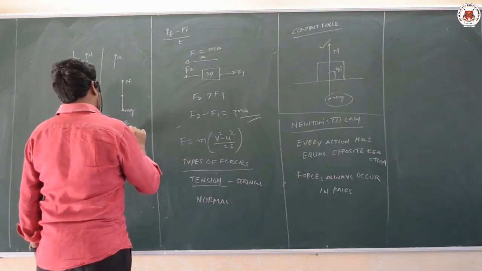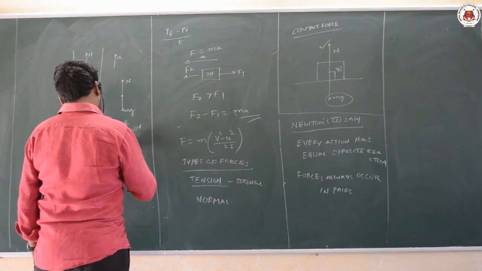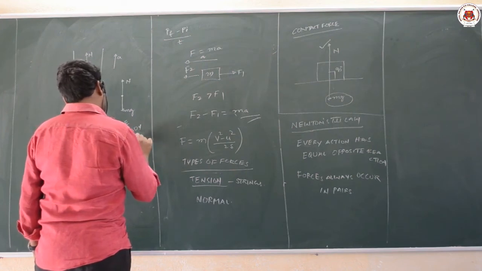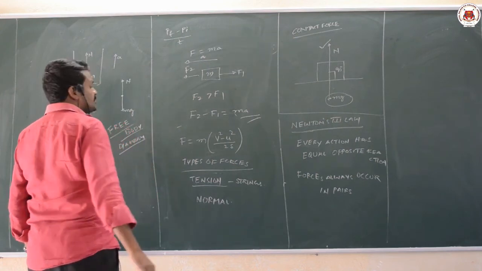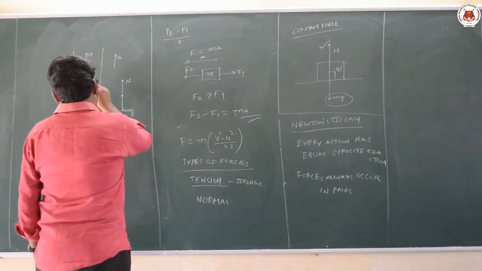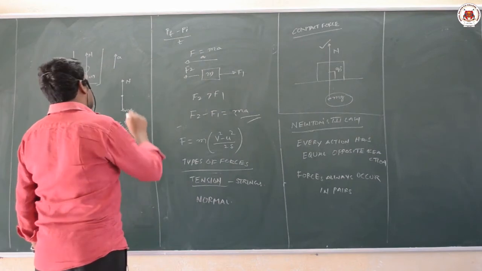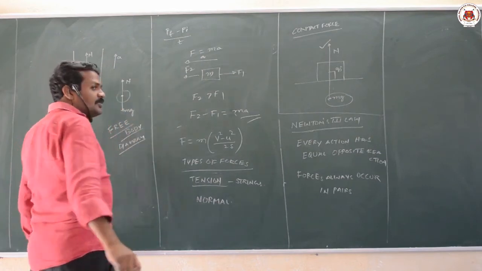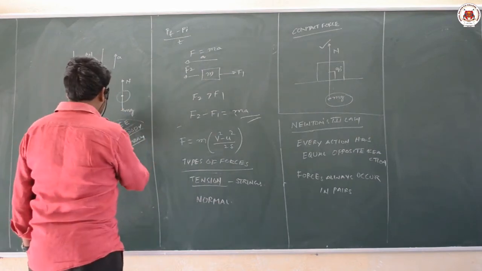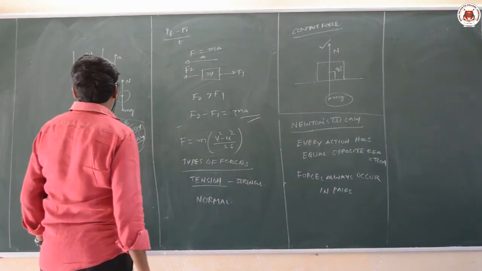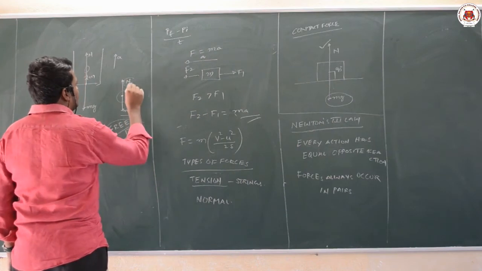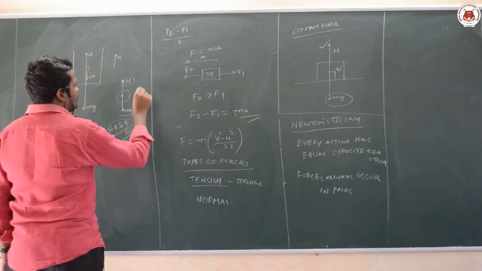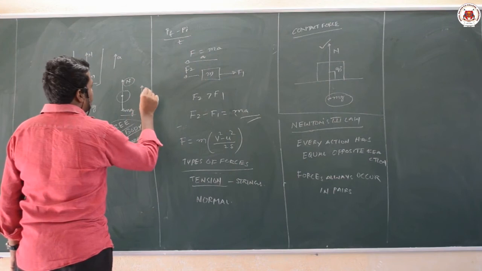A free body diagram is a diagram in which the body is isolated from the system and the various forces acting on that body are written. So if I draw the free body diagram for this man, mg is acting downwards, normal reaction is acting upwards, and the body is accelerating in this direction.